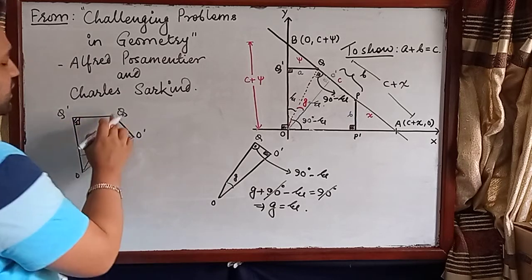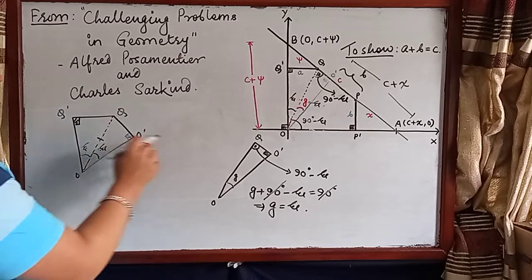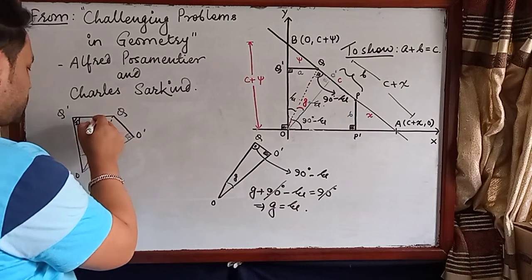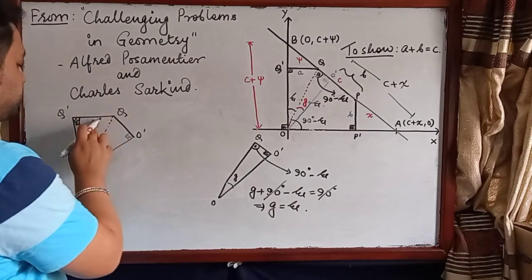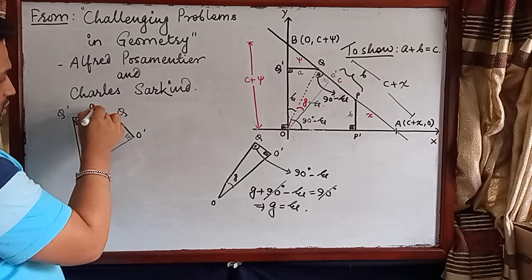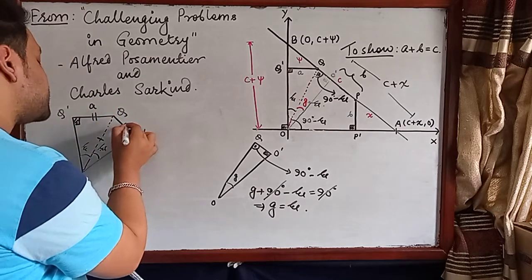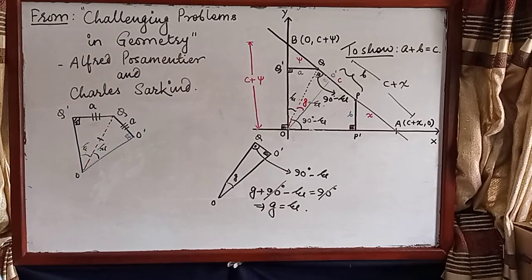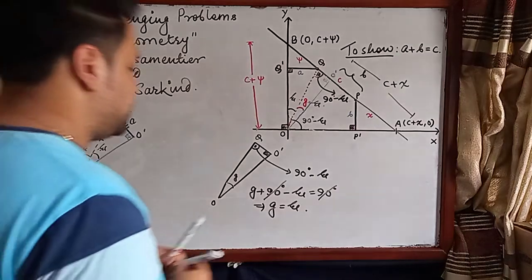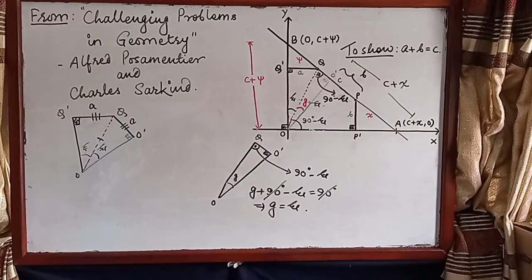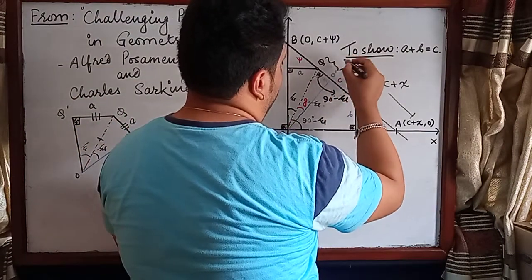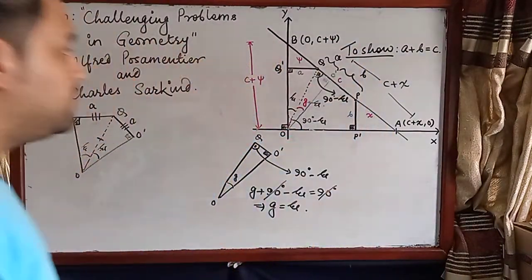So these two triangles QQ dash O and OO dash Q are congruent, as a result of which QQ dash is equal to A, and QO dash is equal to A. We're basically done here.